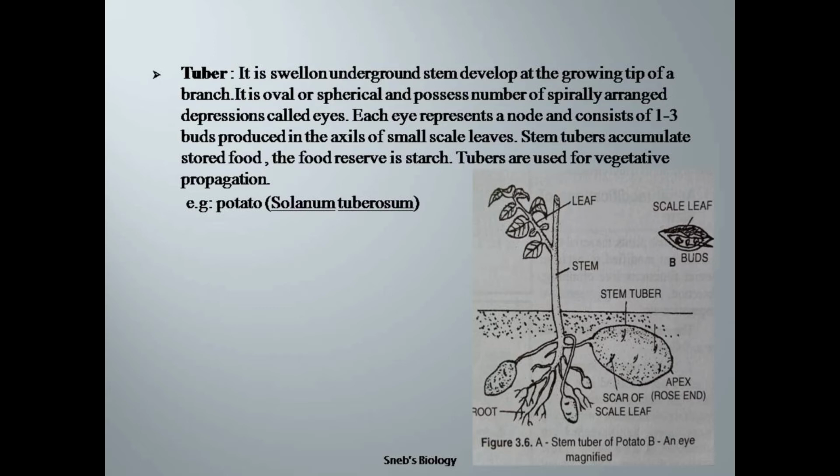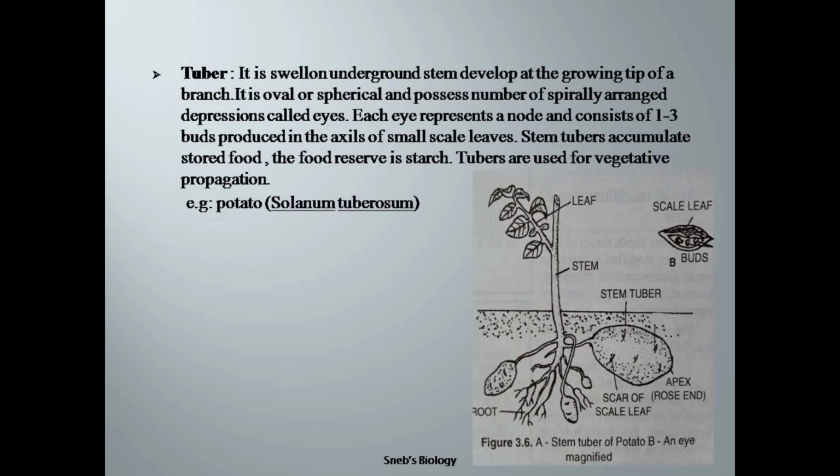For example, potatoes. We have all seen potatoes and we find there are some scars or marks on them; these are actually nodes. In the beginning, I said nodes and internodes are the characteristic features of stem.